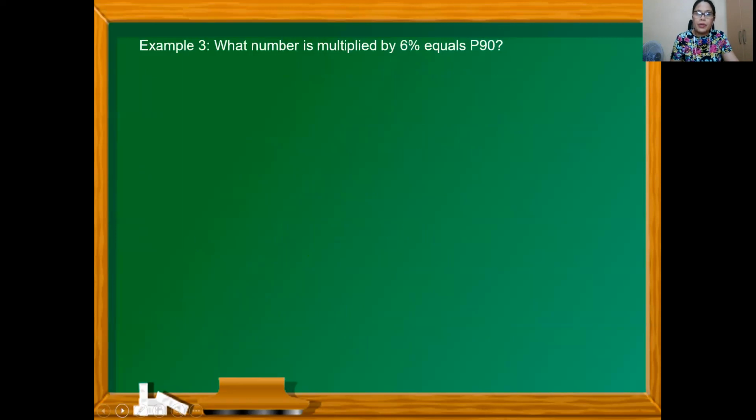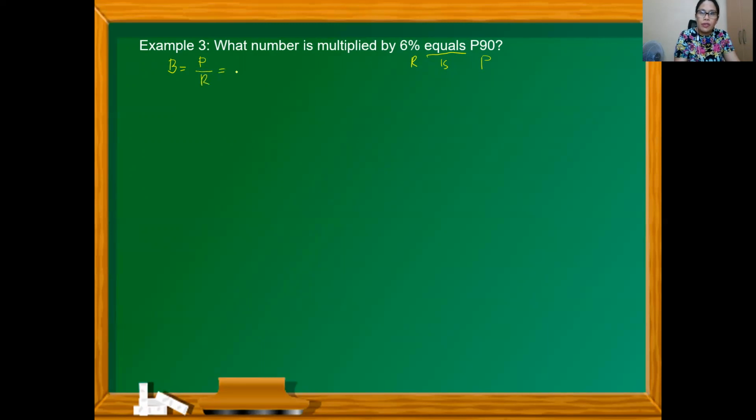So we have number 3, what number is multiplied by 6% equals 90? This equals is equivalent to is. So this is now the percentage while this is the rate, and we are actually solving for the base. And the base is equal to percentage all over the rate.